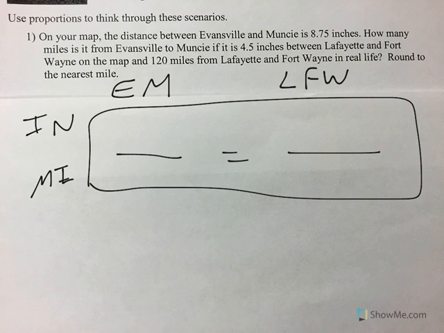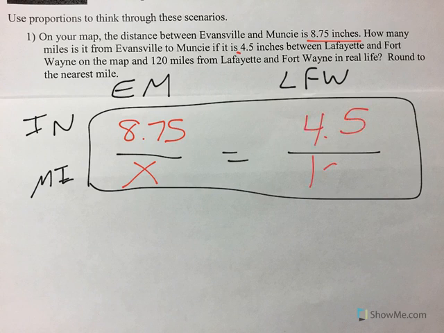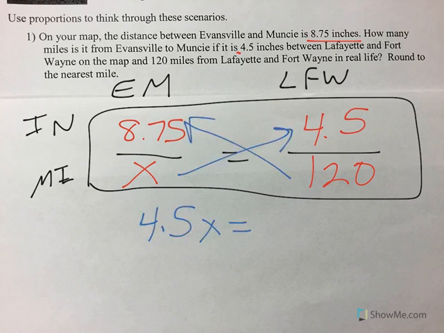All right, so let's fill in what we know. Evansville to Muncie is 8.75 inches. How many miles is it? I don't know. There's my unknown value, x. 4.5 inches Lafayette to Fort Wayne, 120 miles. Cross multiply, 4.5x equals 8.75 times 120 is 1050.